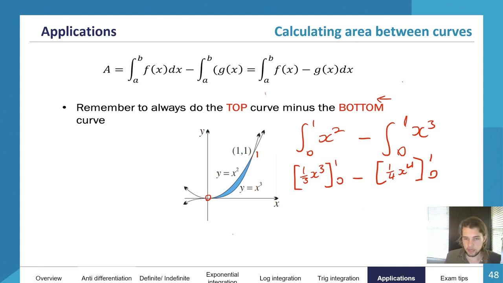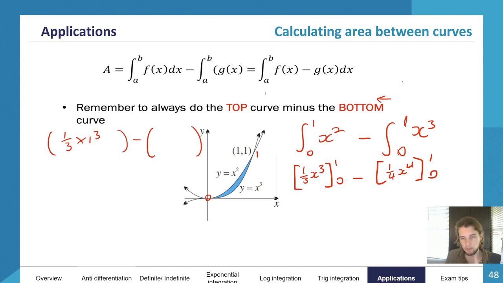Now we're going to evaluate each of these separately. So I'm going to put big brackets for the first one and then negative big brackets for the second one. You know what, we're going to need more space than this. Put it over here. Big brackets for the first one. Subtract big brackets for the second one because there is that negative value there. So we're going to substitute in 1. That's 1 over 3 times 1 to the power of 3.